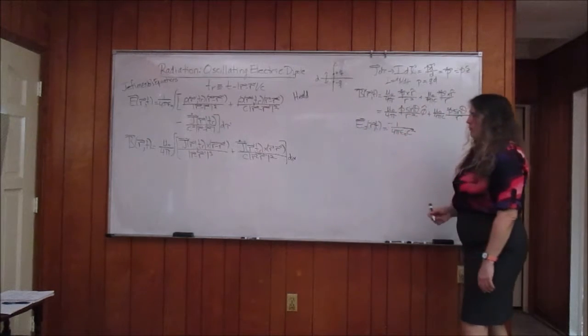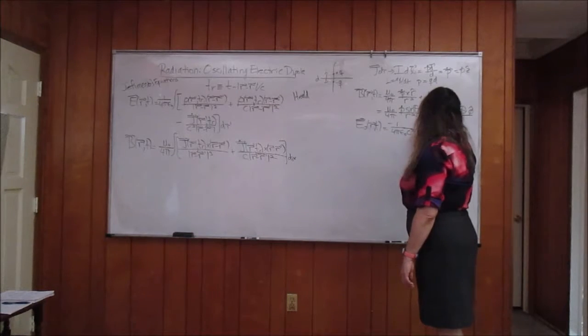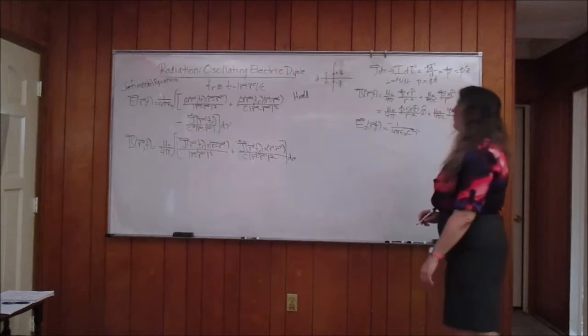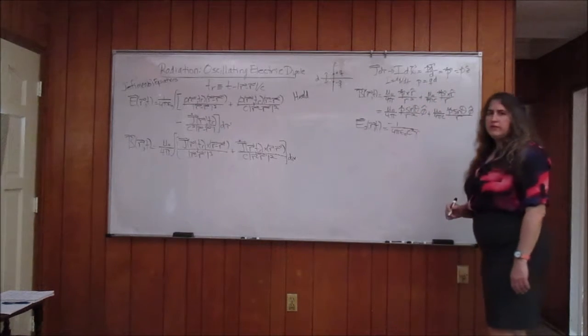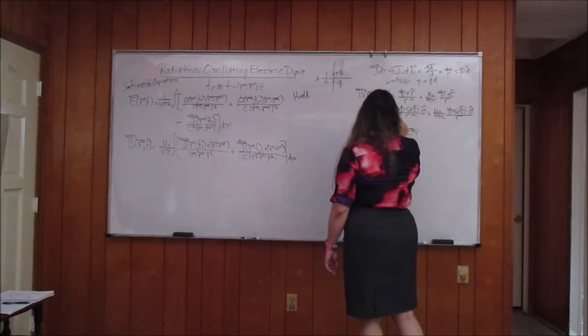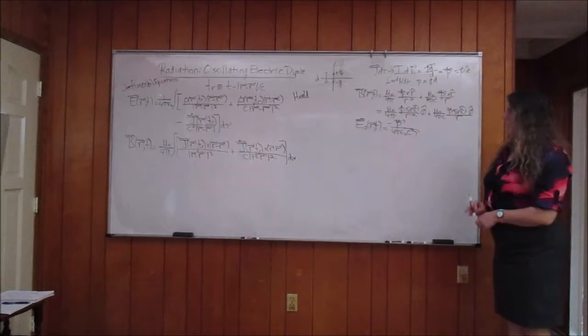I've got 1 over 4 pi epsilon naught c squared, and I'll have a factor of r. And it's the time derivative of the volume current density, so that'll mean it's the second derivative with respect to time of the dipole moment. And that'll be in the z direction. Okay, so far so good.